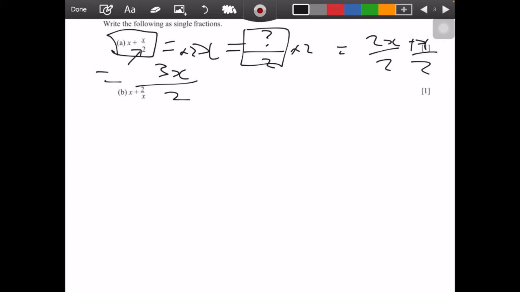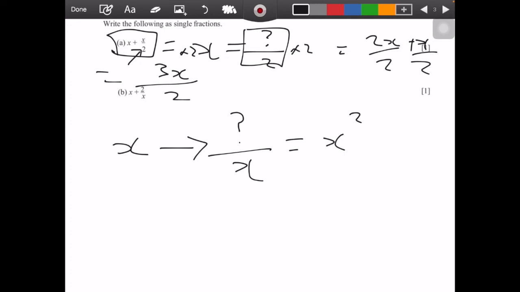And the second one is basically the same principle, except the denominator is now x. And how would we want to rewrite this? X, we want to rewrite it as some number over x. Well, this becomes a bit more tricky, which means this some number on top will actually become x squared.